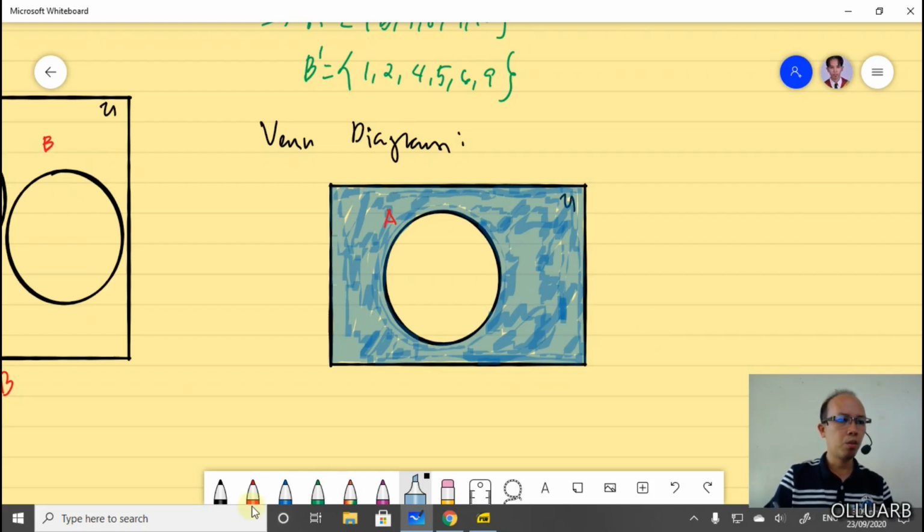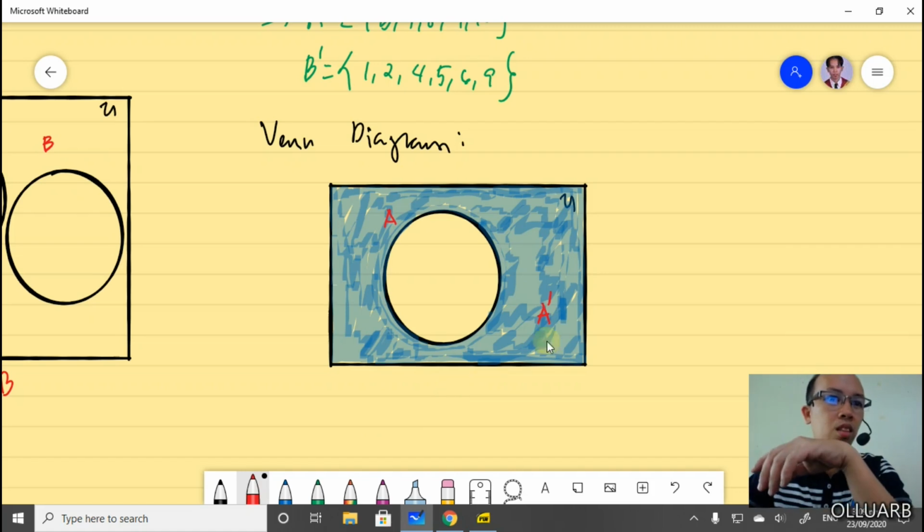So this is our A prime, which is outside of A. That's how the Venn diagram of a complement of a set A looks like.